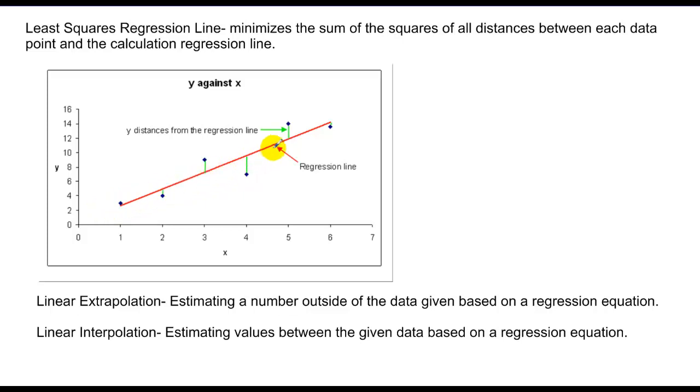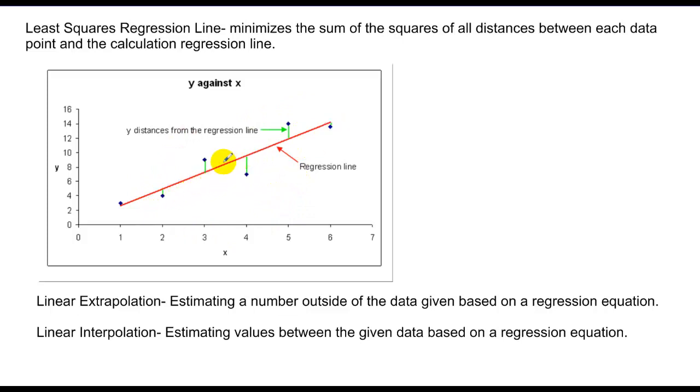However, this line is found by calculating the minimum sum of the squares of all distances from the points to the line directly.